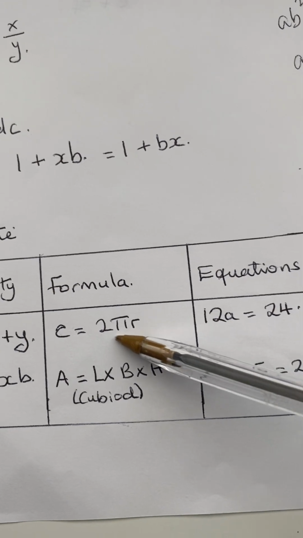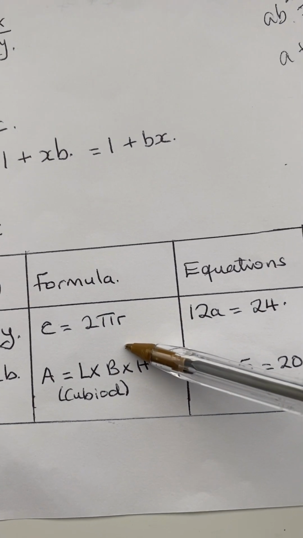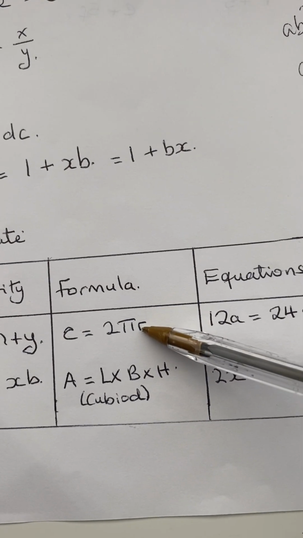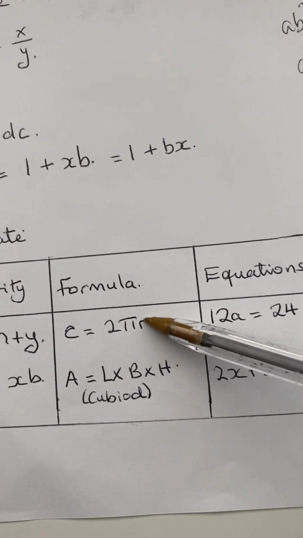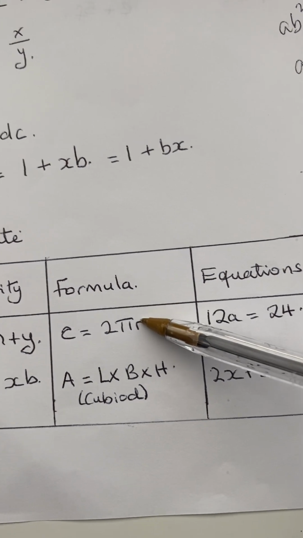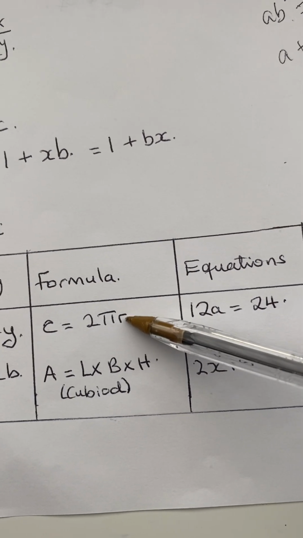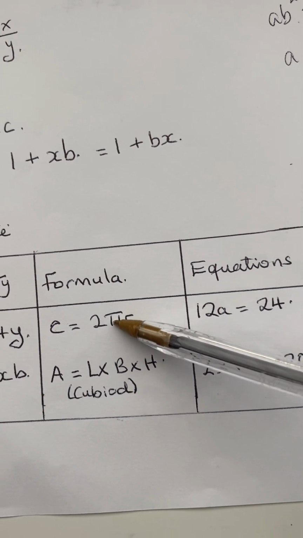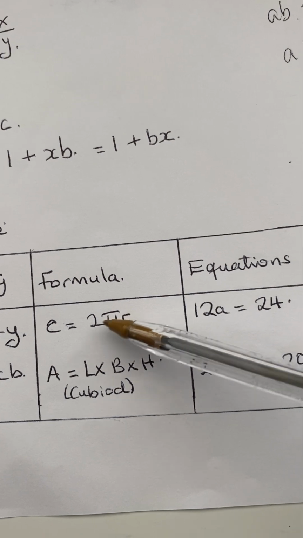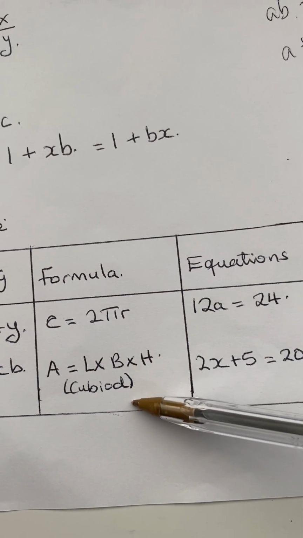So you have pi d, because the 2 will cancel out. So if you know the diameter, then you can either divide the diameter by 2 and use the radius, or you multiply the diameter by pi and take the 2 away. They are all mathematical formulas.